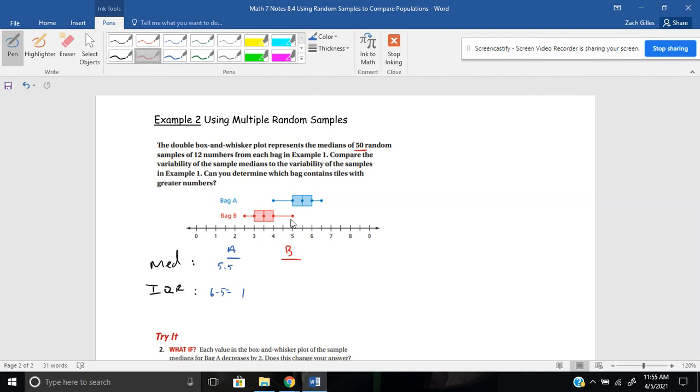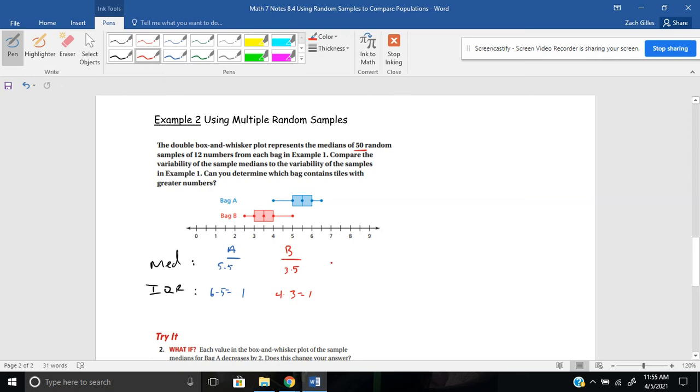And for letter B, looks like our median is 3.5. And our interquartile range is 4 minus 3, which is 1 as well. Okay, so now the interquartile range of the sample medians for each bag is 1, right? 1 and 1.